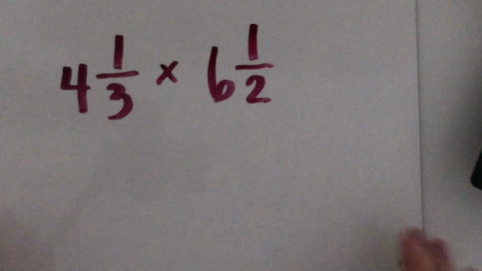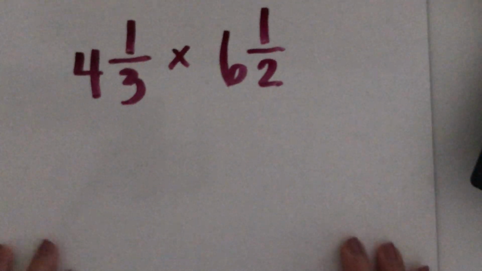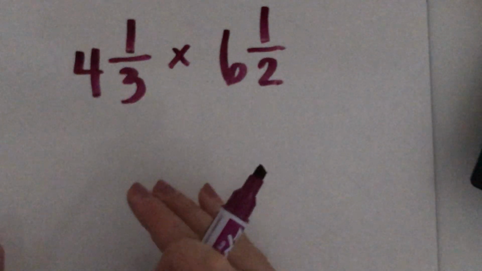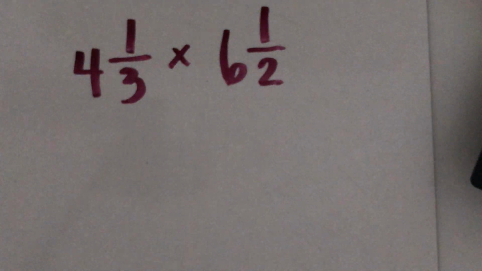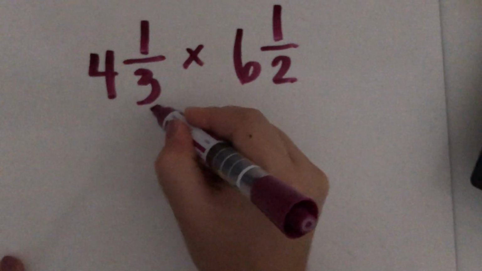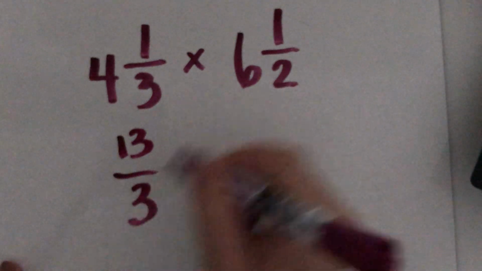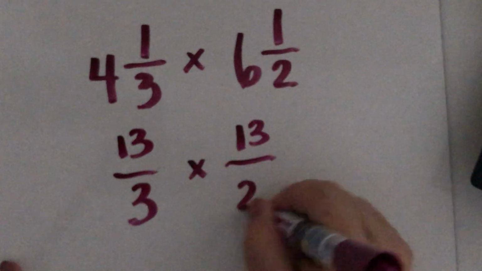Okay? So for me, personally, you do it however you want to. Makes it easier for me if I change these into improper fractions and then revert back. Yeah, it seems like a lot, I know, but it makes it easier for me. So this here becomes 13 over 3. This becomes 13 over 2.